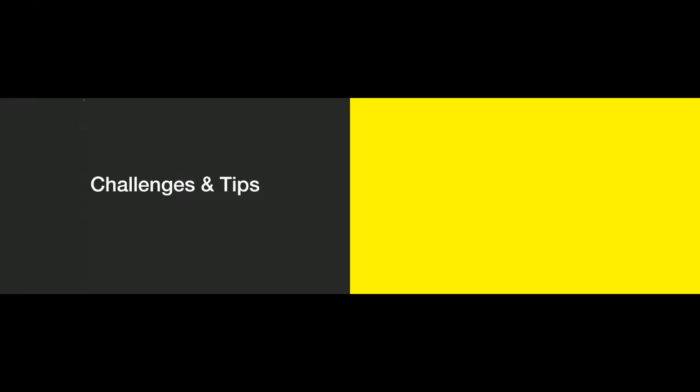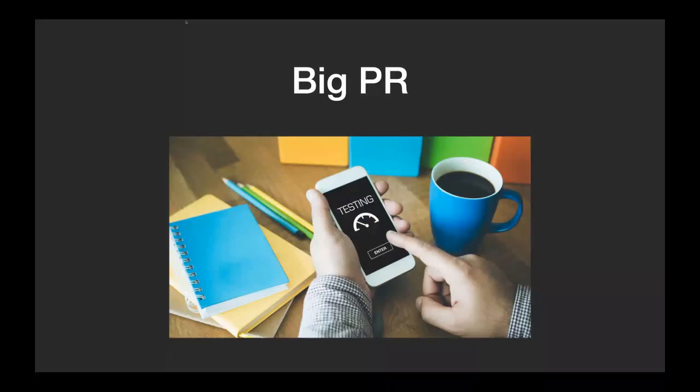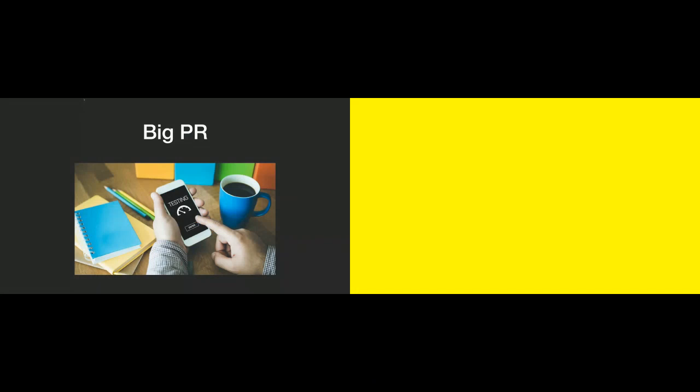So the first challenge is that there's nothing really that you can do about this, but you will end up with a lot of big PRs. You're basically changing all the color names, all the attribute references, and you need to change the code programmatically to start using the attribute references there as well.